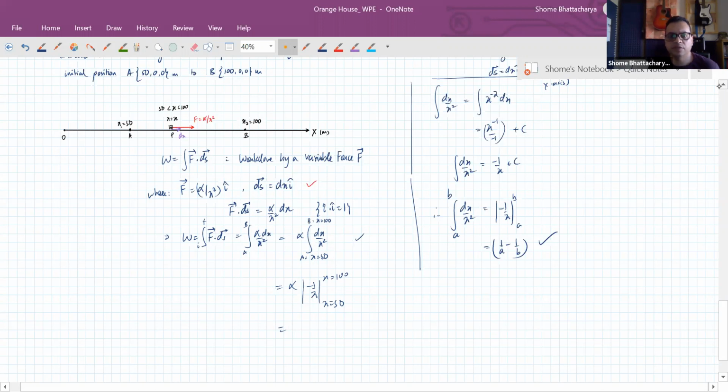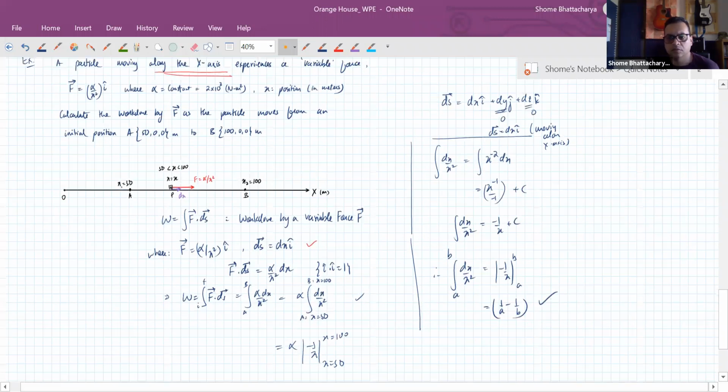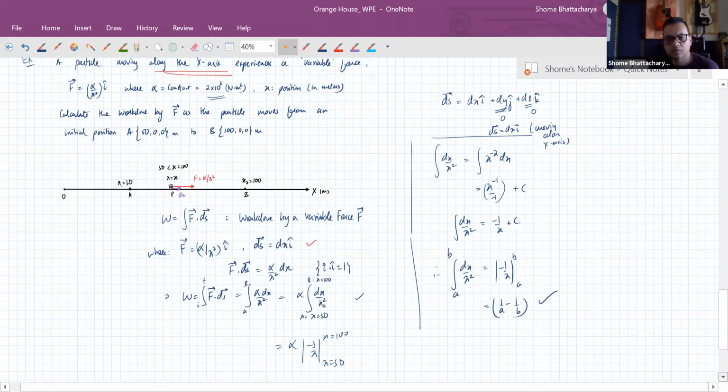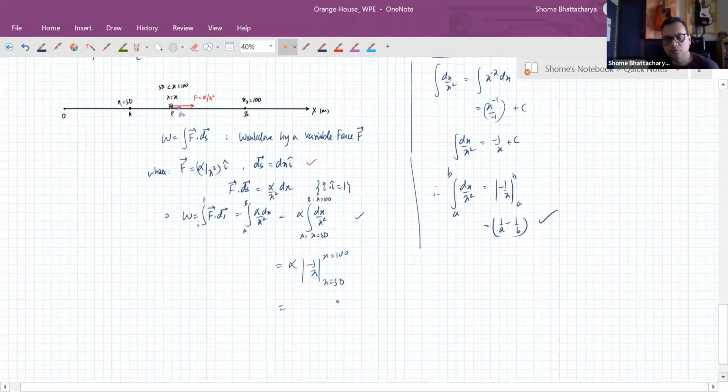That was the value of alpha I had given you. So 2 into 10 raised power 3. So 2000 into 1 by 50 minus 1 by 100, which is 1 by 100. So you can see that is 20.